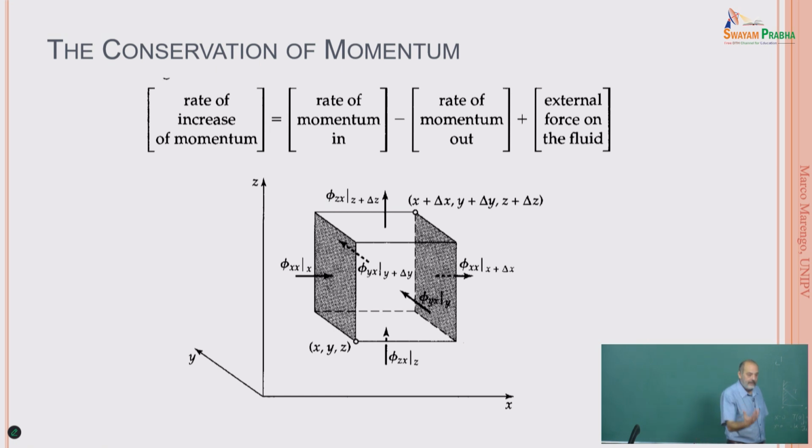So again, with our nice volume, we can say that the rate of increase of momentum inside the volume is equal to the rate of momentum inside minus the rate of the momentum out, plus eventually the external forces that can act on the volume. Okay? So now the momentum for us is phi.